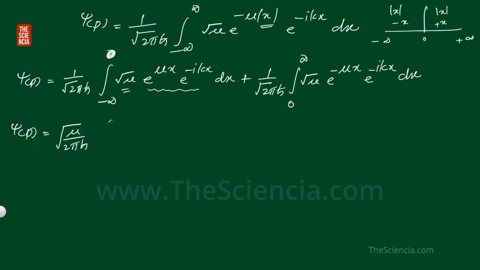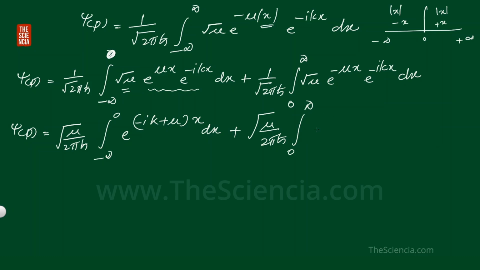First of all, I am writing it in a neat way: minus infinity to 0, e raised to minus ik plus mu into x dx, plus root mu by 2 pi h cross, integral 0 to infinity, e raised to minus ik plus mu x dx.